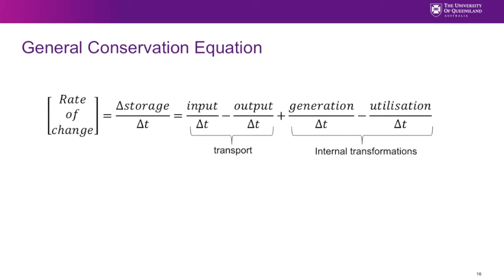This equation is a general way of seeing the inflows and outflows of our stock, and these flows have a time dependency, and can also have internal transformations, which can be seen as generation and utilization, or generation and degradation. And these transformations can occur due to biological or chemical processes.